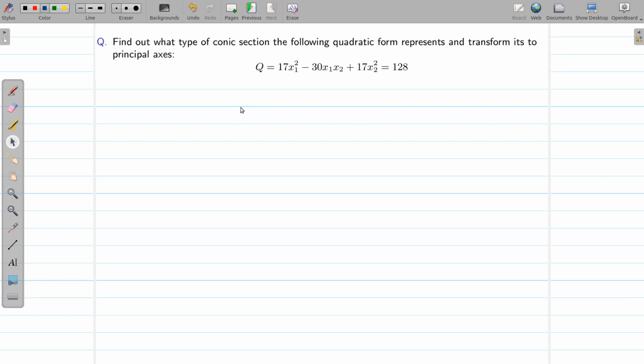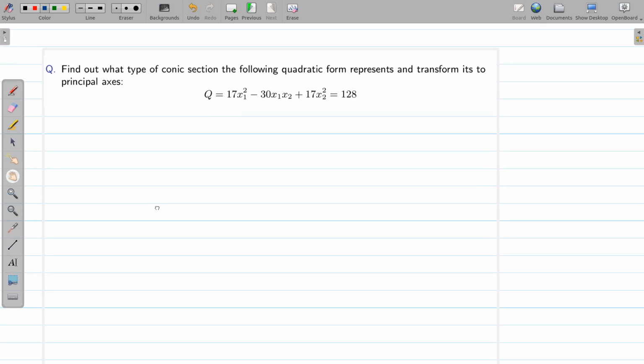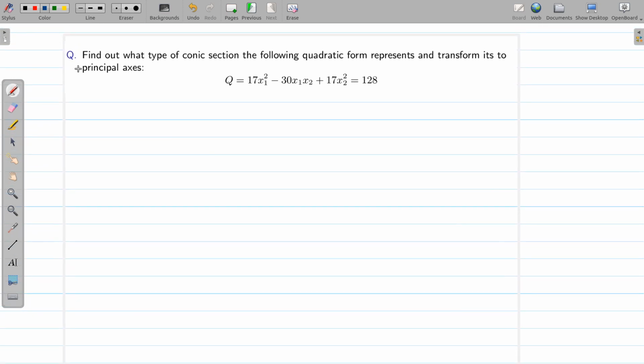So we have this. Now what do we need to do? The first part is very simple. You can use the form to obtain what A is. Q is equal to X transpose A X. This is equal to 17 x1 squared, and then this is the cross term.